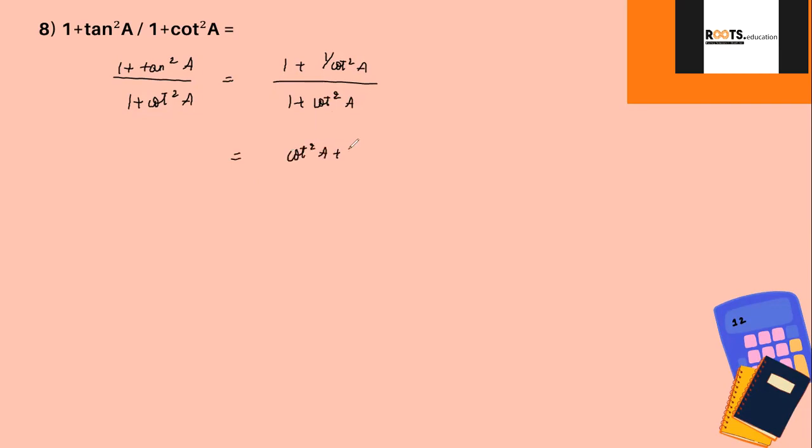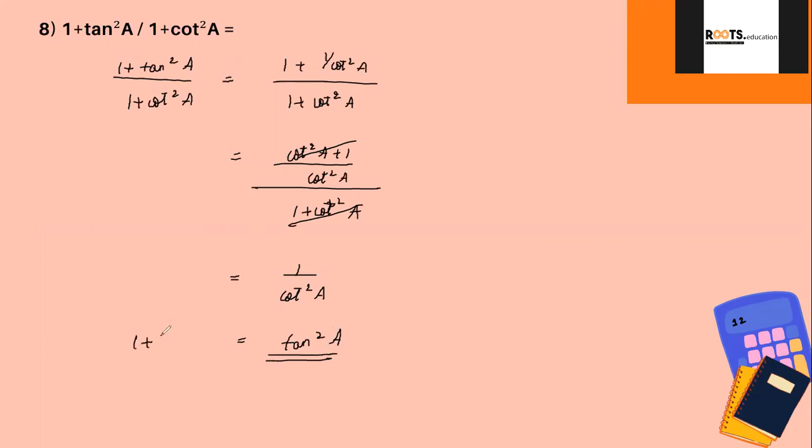Cot square A plus 1 divided by cot square A, whole divided by 1 plus cot square A. So the numerator will be cancelled. We will be left with 1 by cot square A, which is equal to tan square A. The value of 1 plus tan square A by 1 plus cot square A is tan square A.